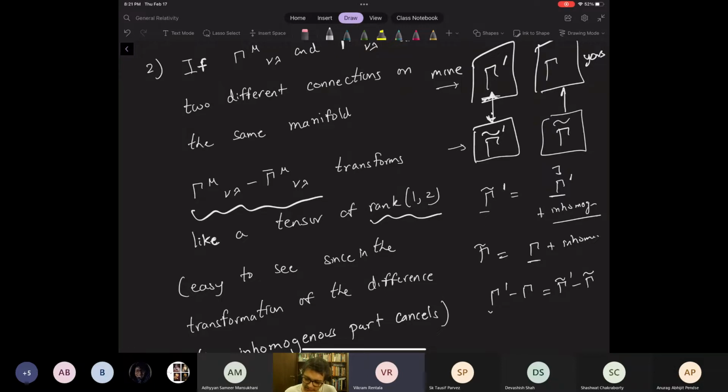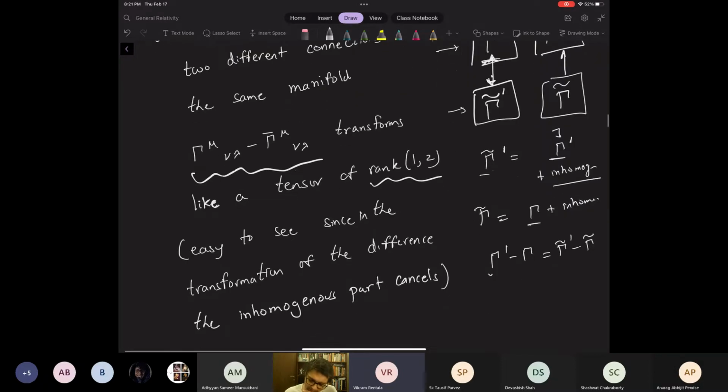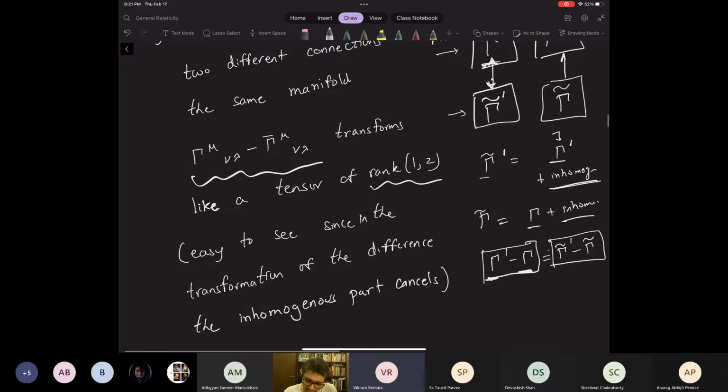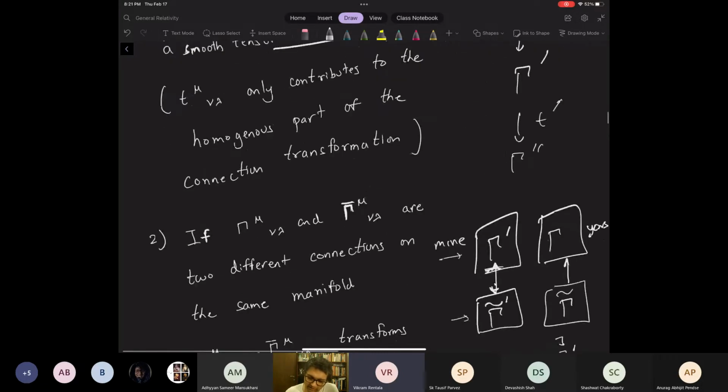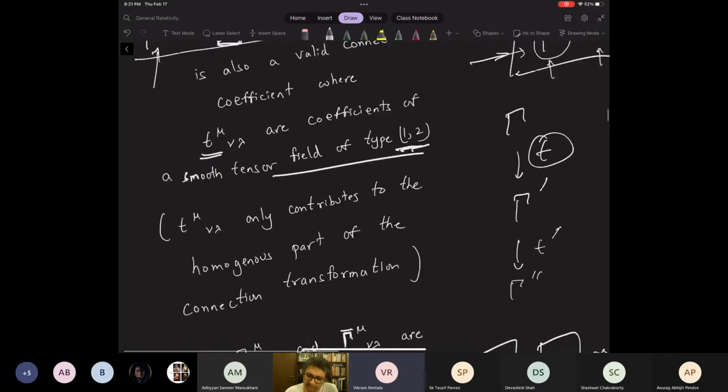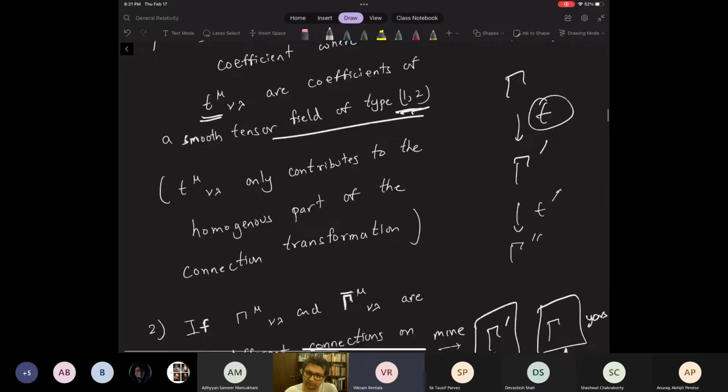So the difference between my connection coefficients and your connection coefficients in one basis is the same in a different basis, because the inhomogeneous part just cancels out. The difference between my connection coefficient and your connection coefficient is again just going to be that tensor. I could have added any arbitrary tensor and got different connection coefficients.